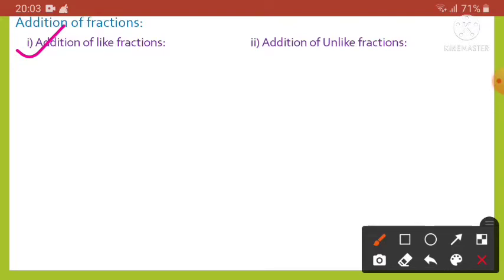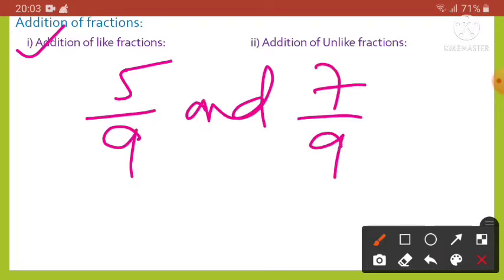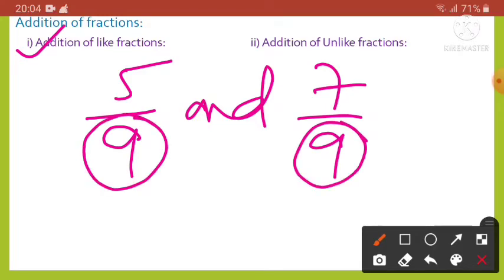Suppose I have to add 5 by 9 and 7 by 9. Both denominators are the same here, that is 9, so these are like fractions. When we have this type of fraction, we only have to add the numerators.